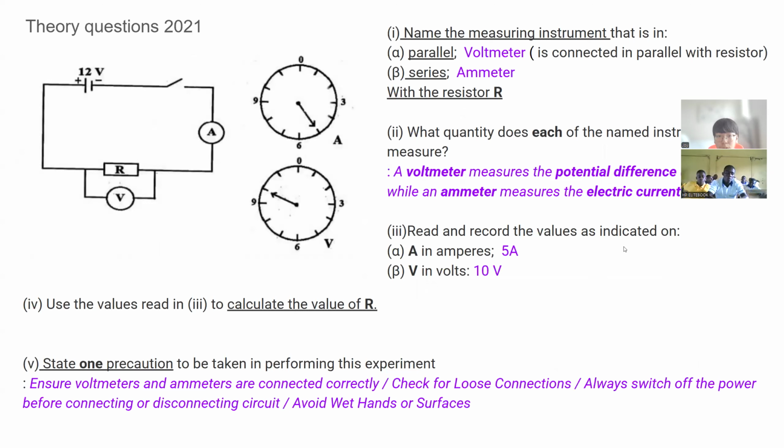Okay, let's move on to this next question. First, name the measuring instrument that is parallel or series with the resistor. Again, here, this is parallel, and this is in series.